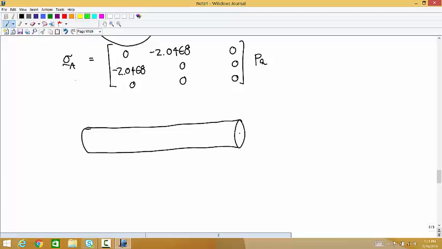And imagine, I'll do it in red. So this is our capital Y. This is our capital Z. And this is our capital X.